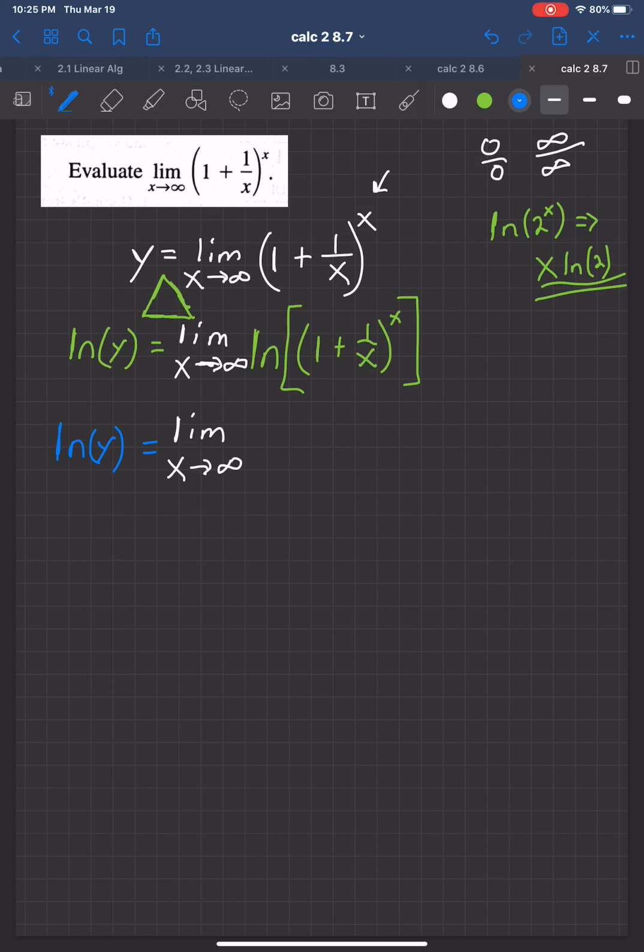The only thing I'm going to do now is take this x and bring it out, just like I took this x and brought it out. So now I have x ln, and what's left is still the 1 plus 1 over x.